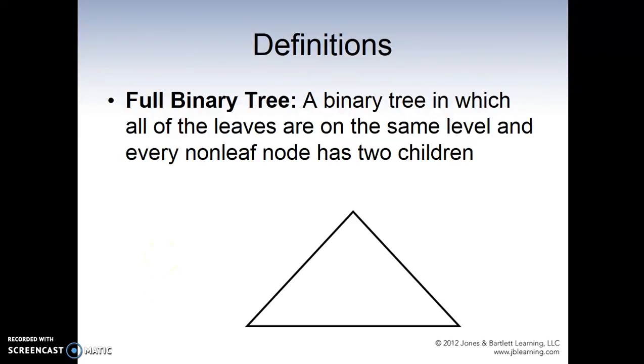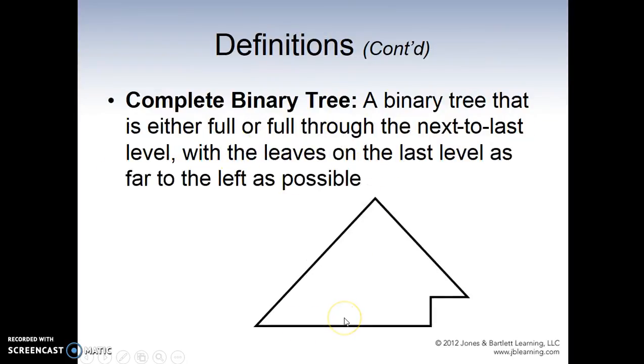Now let's look at the concepts of the binary tree, with the jargon or definitions. Full means it has to be made fully, a triangle shape: a binary tree in which all of the leaves are on the same level and every non-leaf node has 2 children.